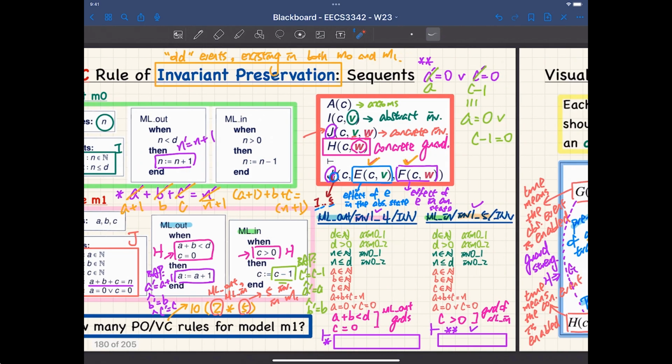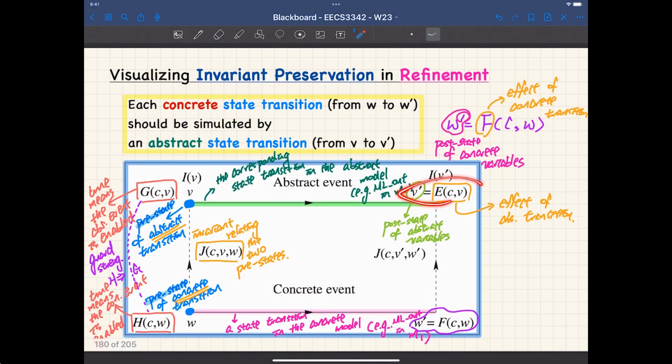Final point. How are these two states related? Again, by the same invariant. But now you want to notice that the V here and the V prime over here versus the W here and the W prime over here. You can see that the same invariant J holds in the pre-states.